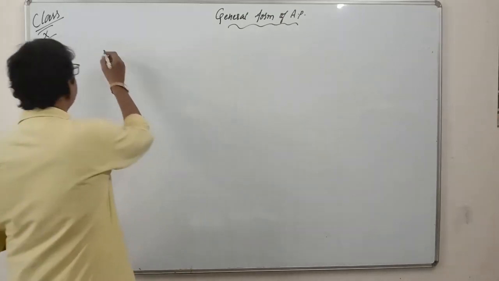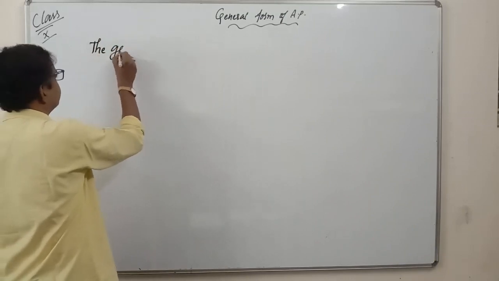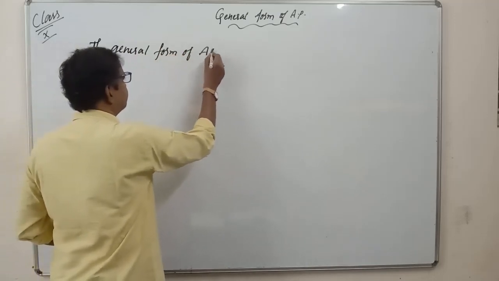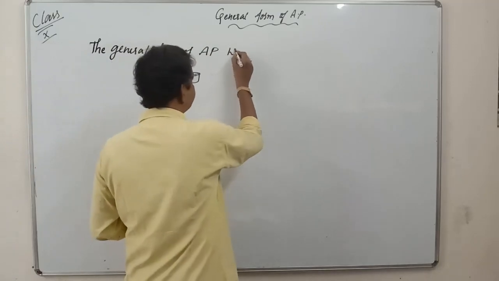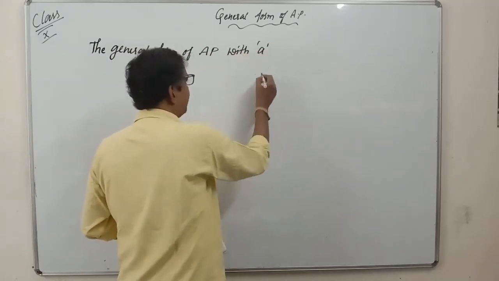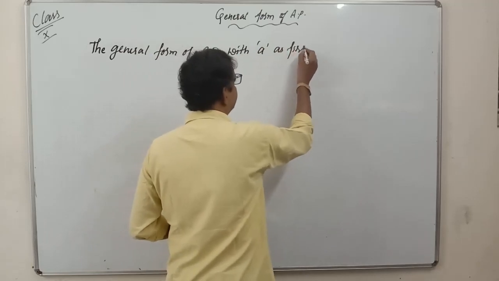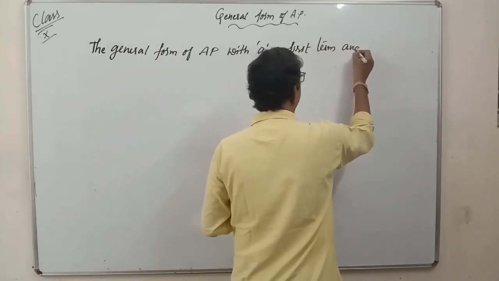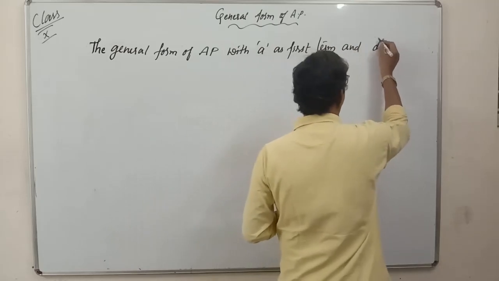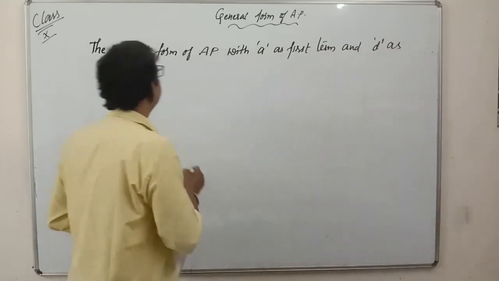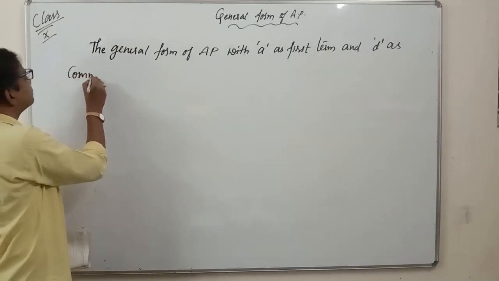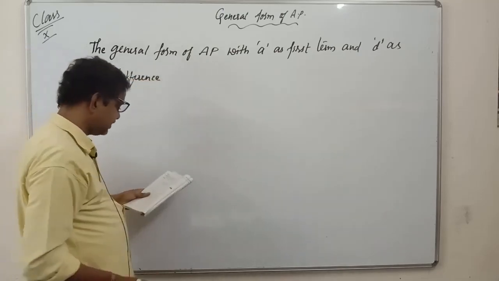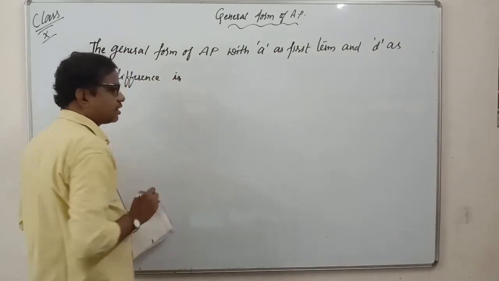The general formula of AP with A as first term and D as common difference is, so generally I told you already what the first term is.